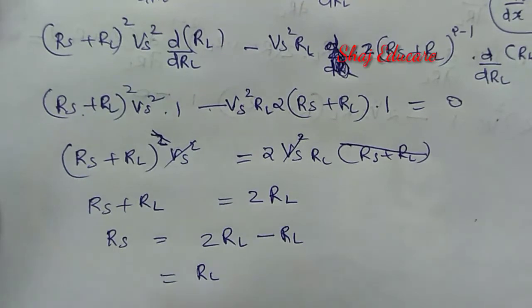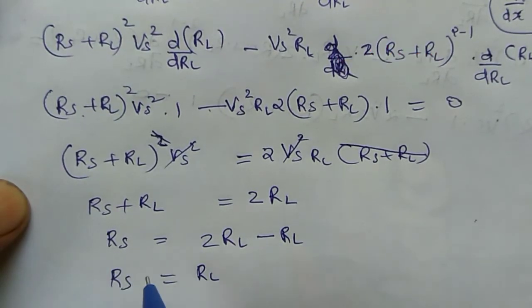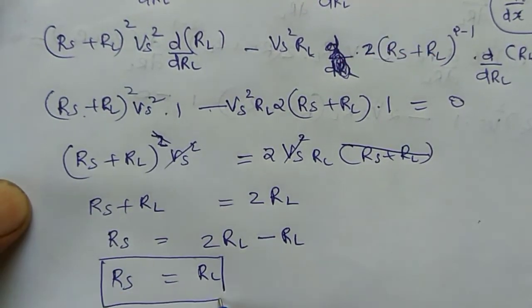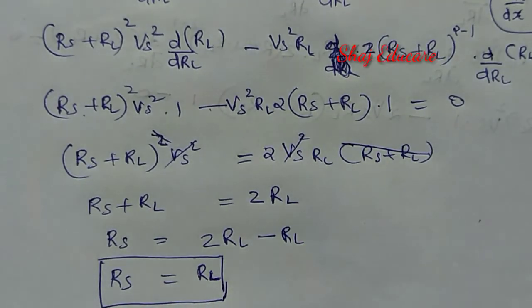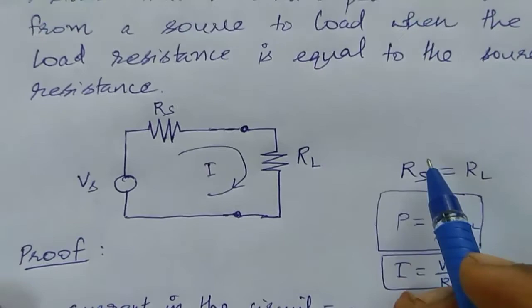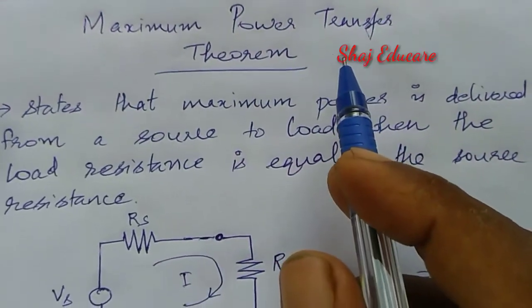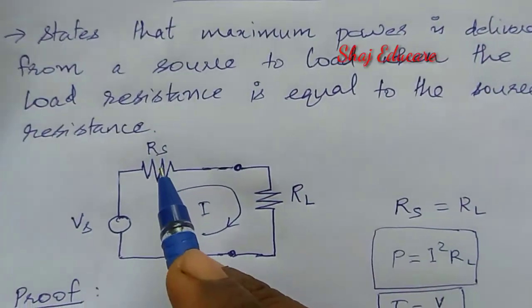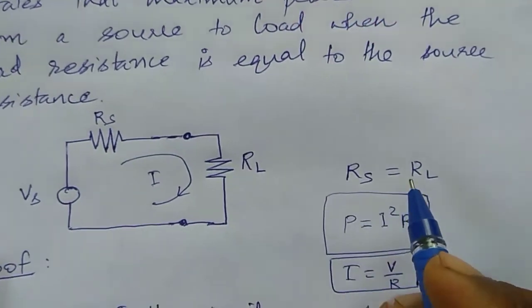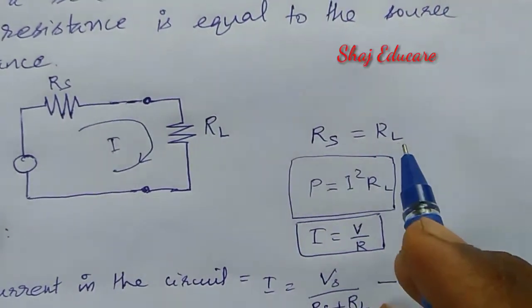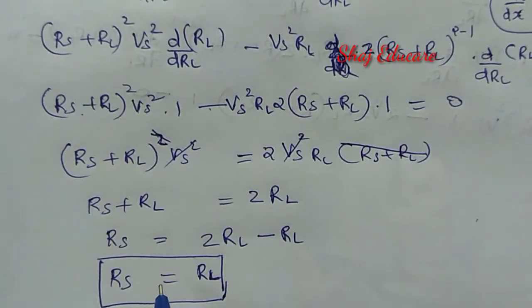Then the expression we are obtaining is Rs equal to RL. That is the necessary condition we discussed under the topic maximum power transfer theorem. Maximum power will be delivered only if Rs and RL are equal. Rs equal to RL, and we proved it. Okay, thank you.